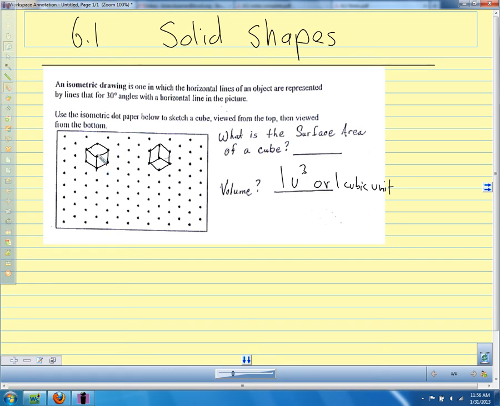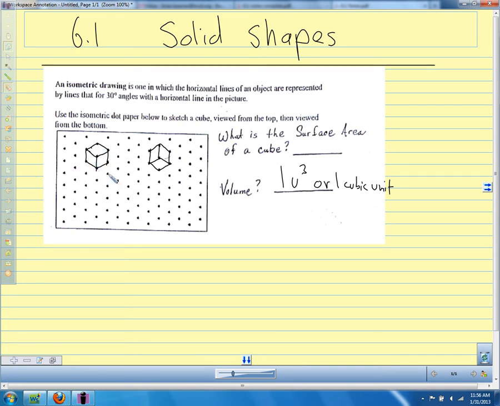What would be the area of one of the squares that's on the outside of this cube? 1, right? 1 times 1. And how many sides does the cube have? 6, right? We have 3 here, and 2 on the back and 1 on the bottom.